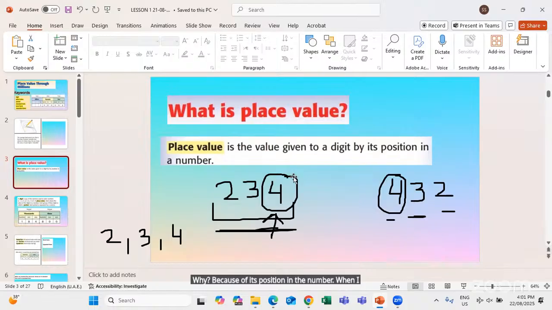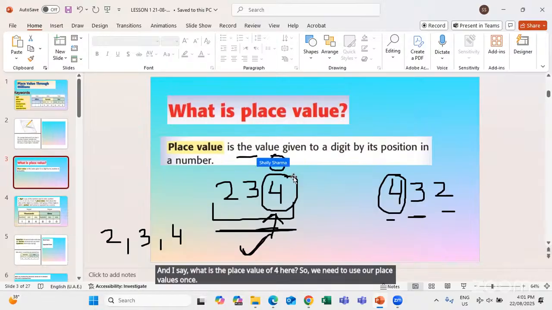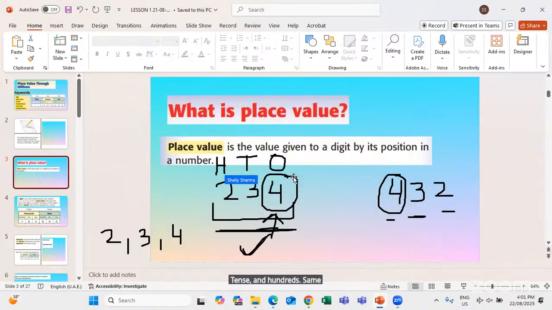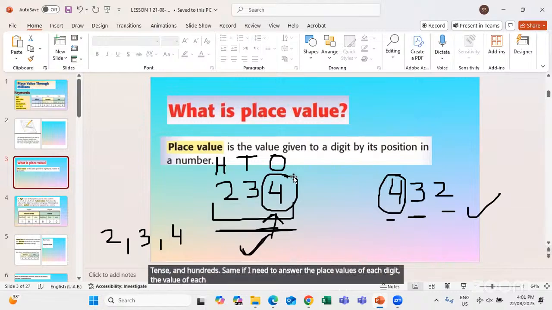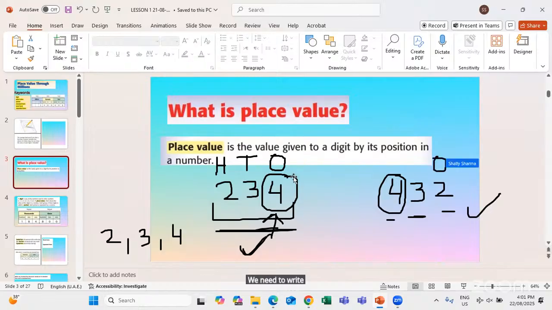When I say this number 234 and I ask what is the place value of 4 here, we need to use our place values: ones, tens and hundreds. If I need to answer the value of each digit in this number, we need to write ones, tens, hundreds. We need to use the concept of place values.